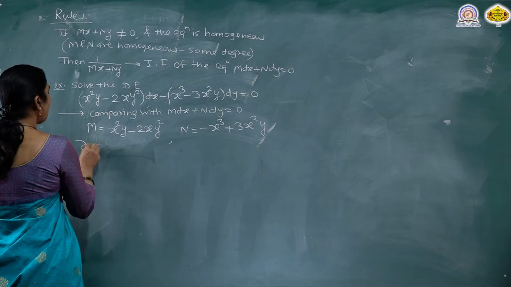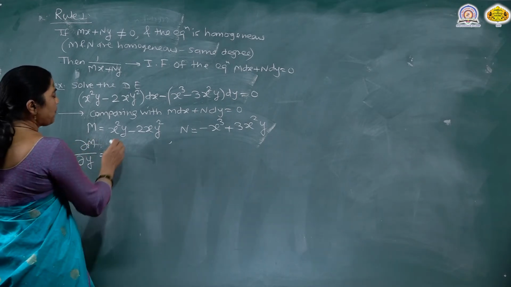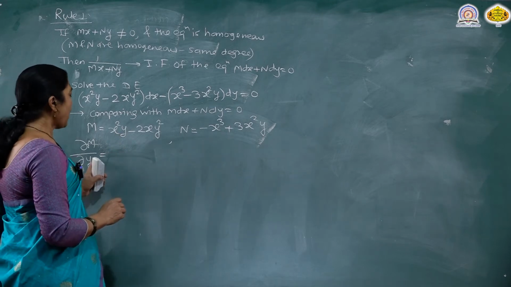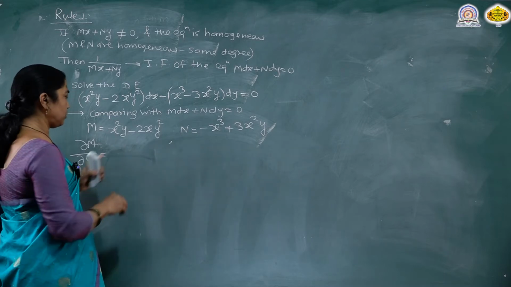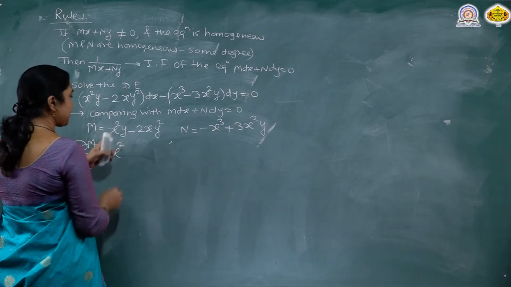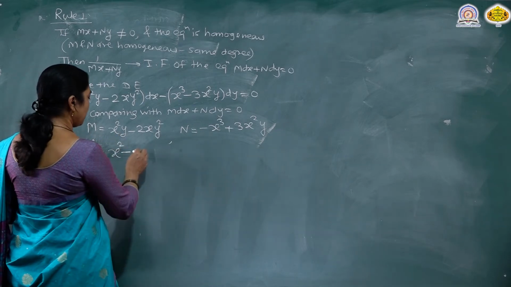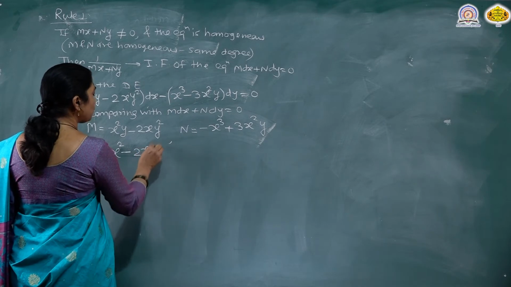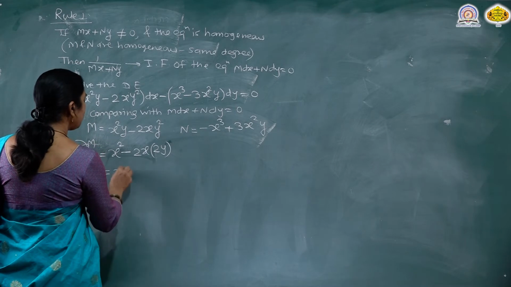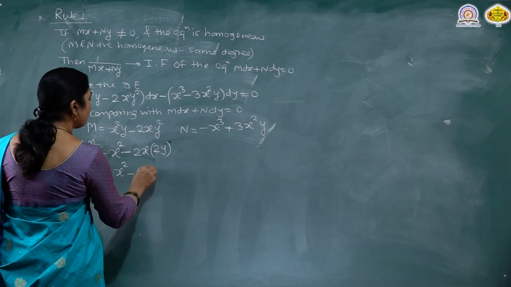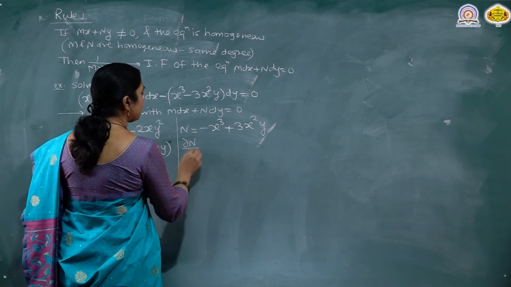Now see what ∂M/∂y is. We differentiate with respect to y, treating x constant, so it becomes x² as it is constant, derivative of y is 1, minus 2x, derivative of y² that is 2y. So it becomes x² minus 4xy. Now see what ∂N/∂x is.